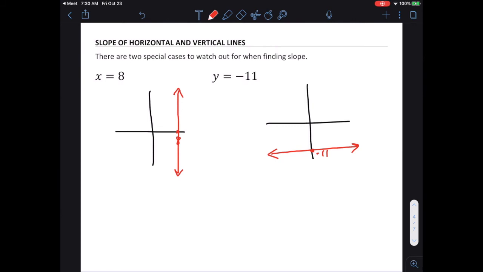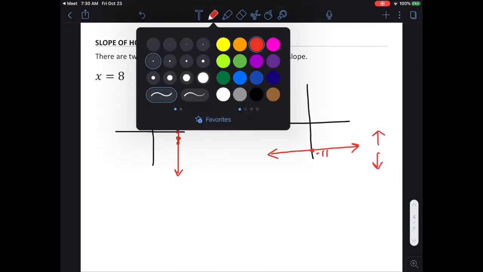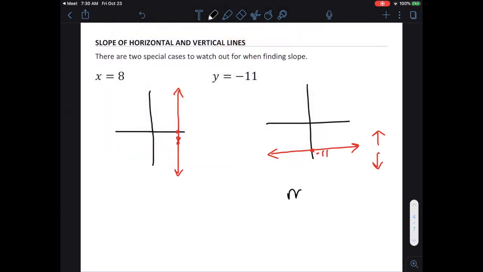And now we can kind of see, my graph for -11 isn't the straightest in the world, but that's okay. What we can see is that that line is horizontal. And horizontal means that it's not going up or down. And if it's not going up or down, that means that our slope is 0. So any time we see a y equals equation, we know that the slope is going to be 0.